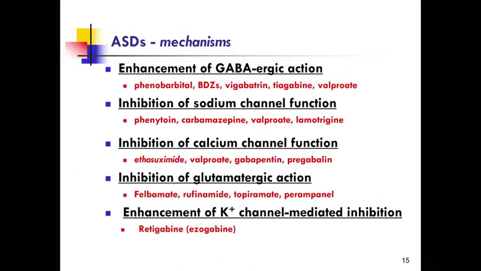So drugs that enhance the actions of GABA can enhance the inhibition. Okay. Then we have sodium channel inhibitors. Sodium is important for the generation of nerve impulses. So excitation depends on sodium ion channel function. So if you use drugs to block the sodium ion channel, you are also going to reduce excitation.